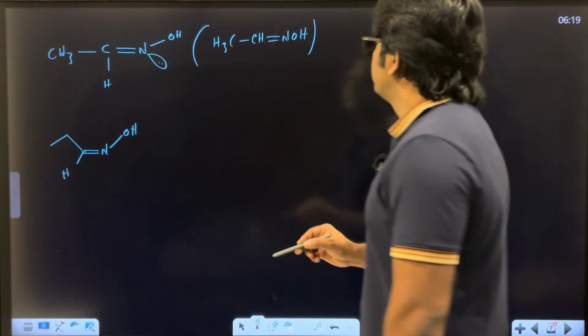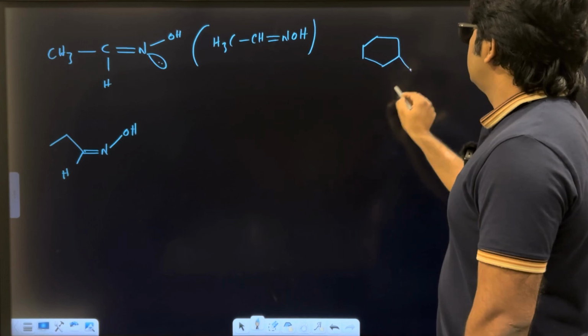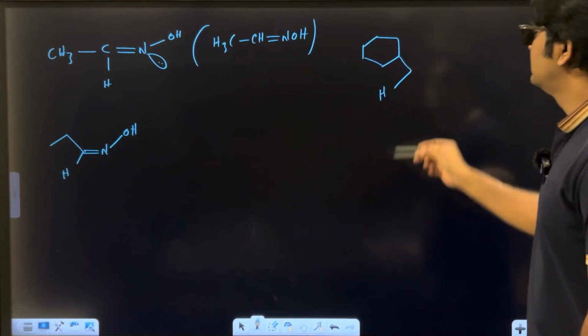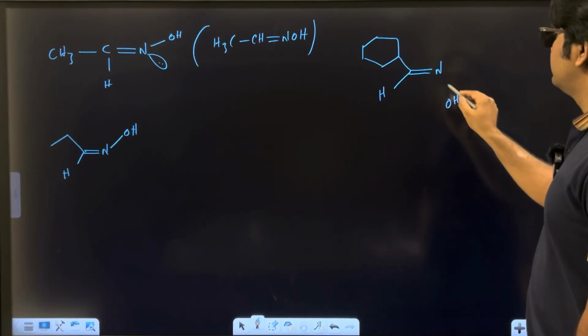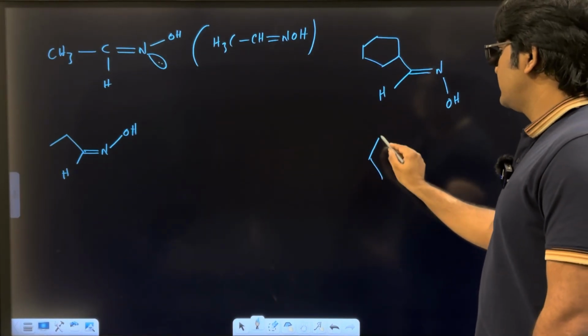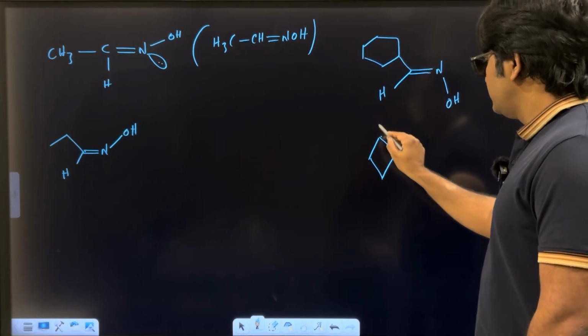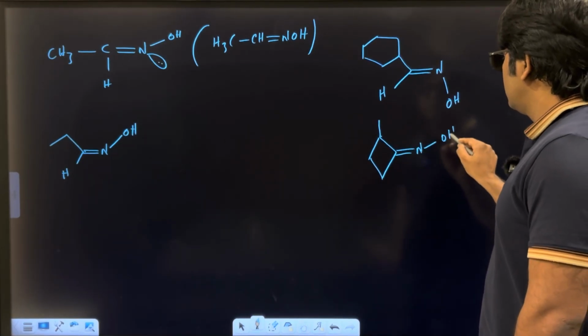Okay, right? For example, another molecule is given like this, hydrogen, next one double bond NOH is given, right? And sometimes they are giving like this, here methyl, next one double bond NOH.